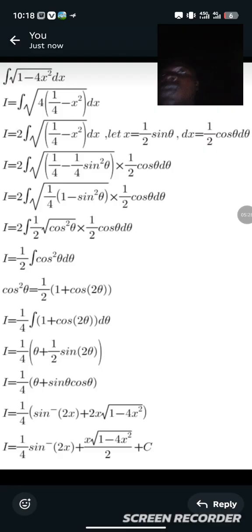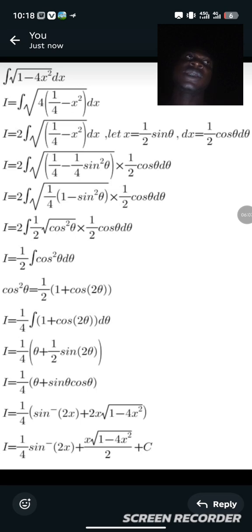Using a right angle triangle, if our sine theta is 2x, that's the same thing as sine theta is 2x over 1, which means that sine is the opposite over hypotenuse. So we have the theta inside, and our sine theta is opposite over hypotenuse. We have the hypotenuse side to be 1 and the opposite side to be 2x.